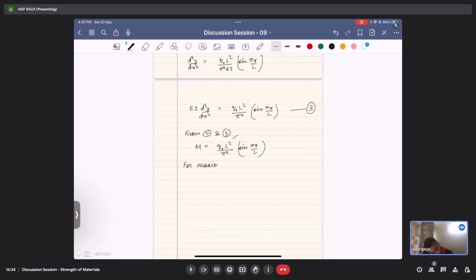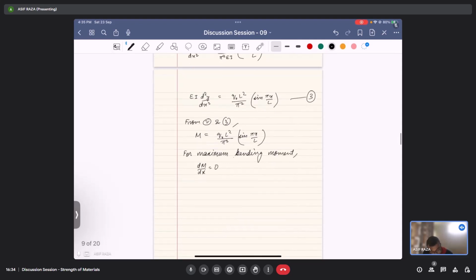Okay, so for maximum bending moment, dM by dx equal to 0. That will be q naught L square by pi square times pi by L cos pi x by L, equal to 0.